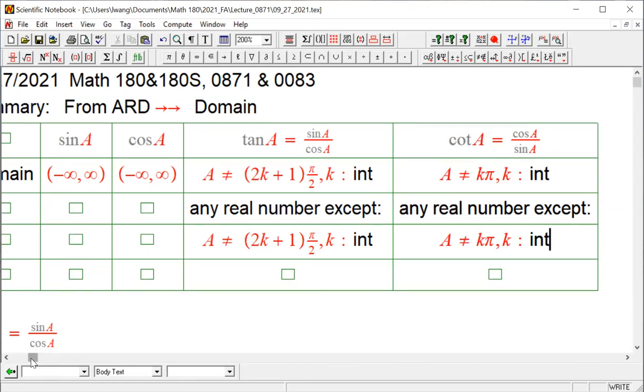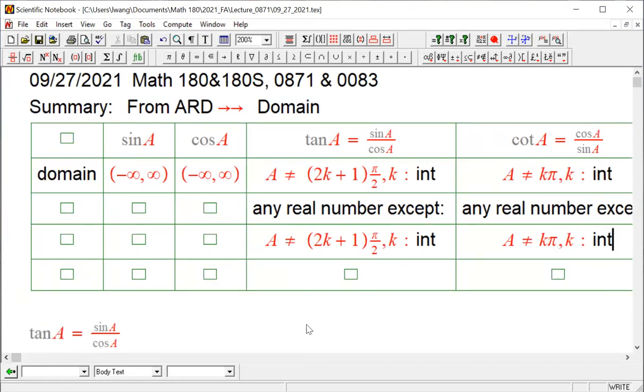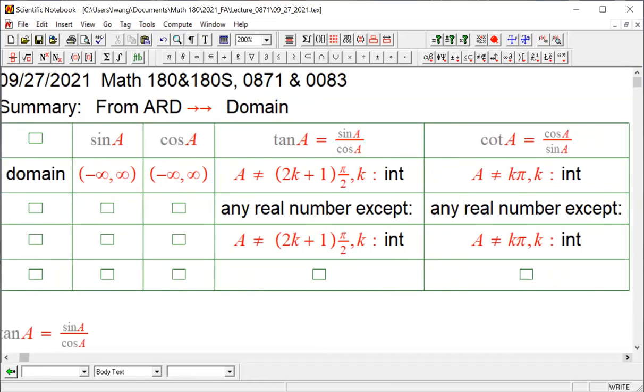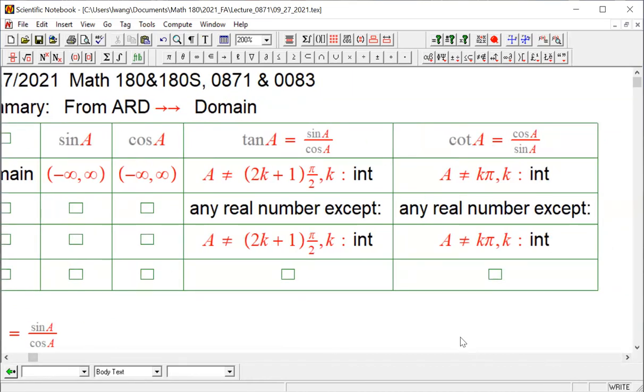So now let's look at secant and cosecant. Secant is 1 over cosine, right?